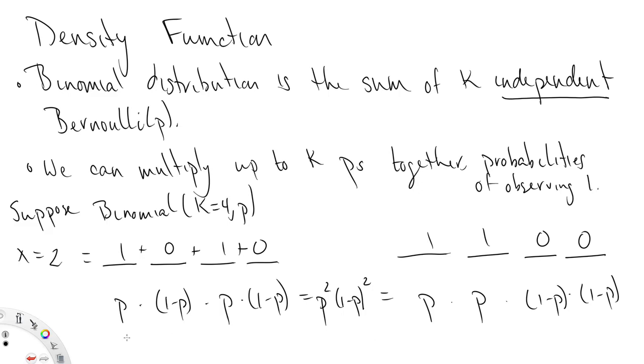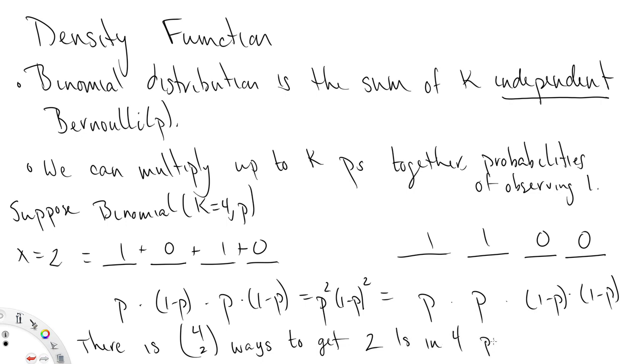So what we need to recognize is for the binomial observation x equals 2, there are in fact 4 choose 2 ways to get 2 1s in 4 positions, that is k equal to 4.